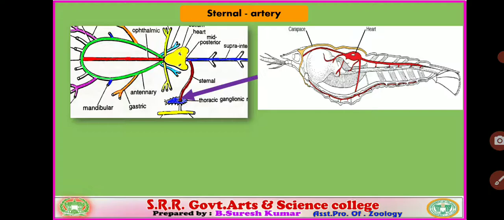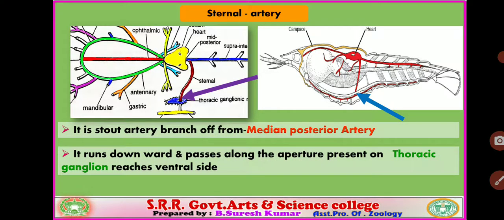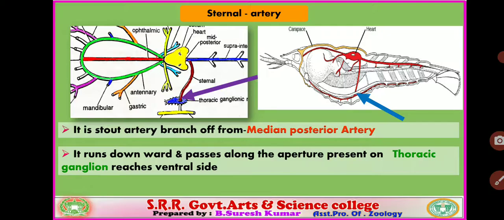So it moves downward towards the ventral side, and it passes along the thoracic ganglia. It passes through the aperture that is present in between the thoracic ganglia, and reaches the ventral side. Followed. So you verify clearly.